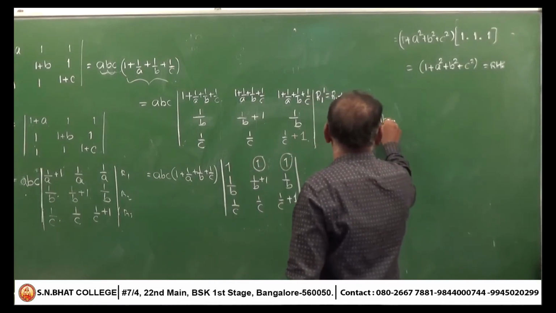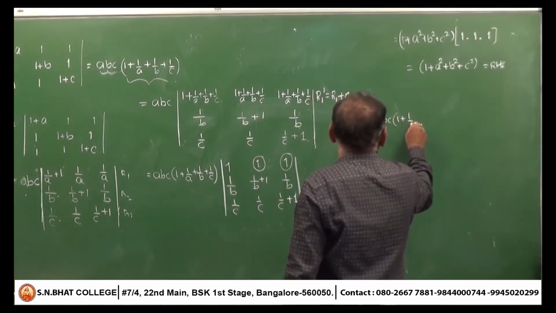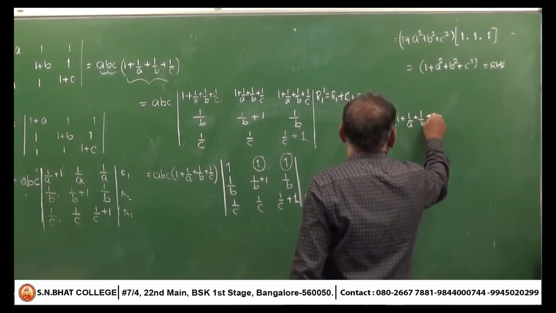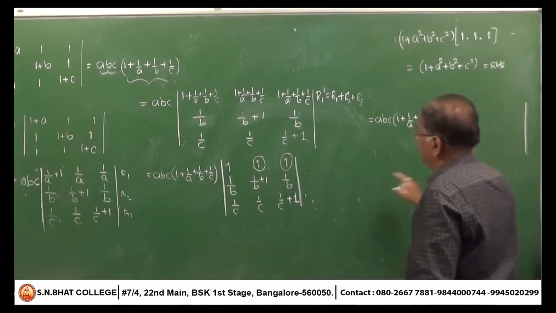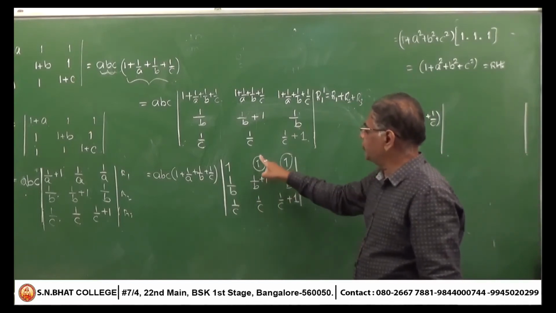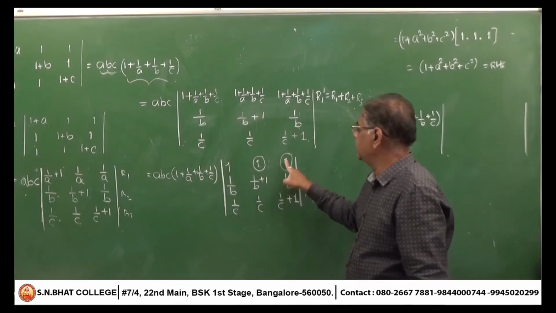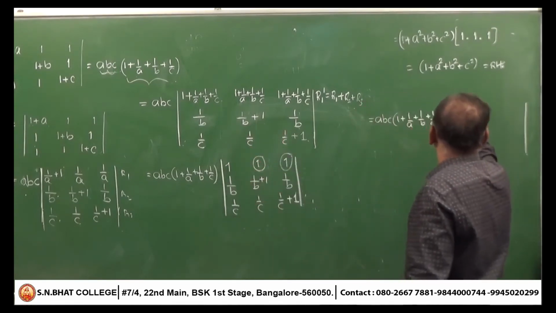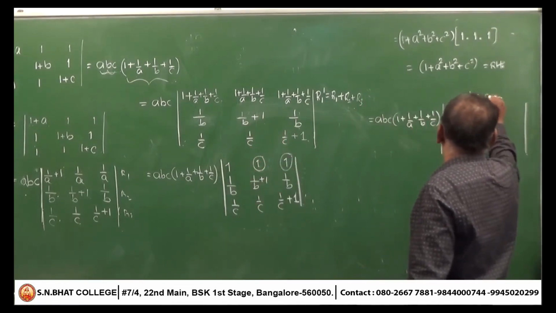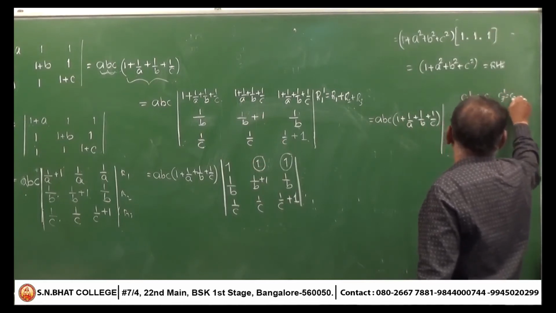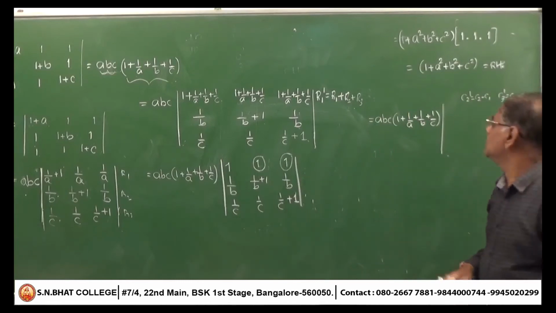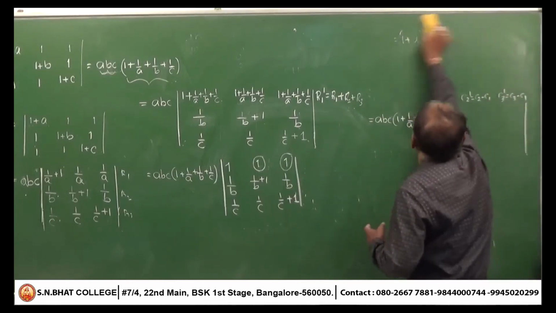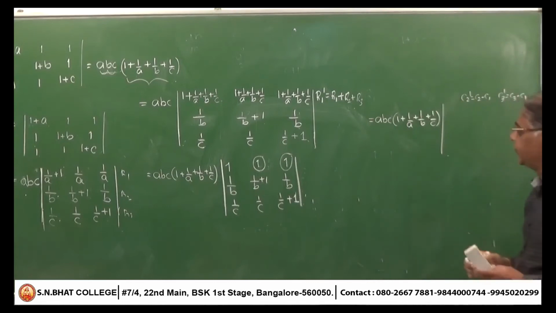This is ABC into 1 plus 1 by A plus 1 by B plus 1 by C into the determinant, to make these 2 elements 0, with C2 dash is C2 minus C1, C3 dash is C3 minus C1.